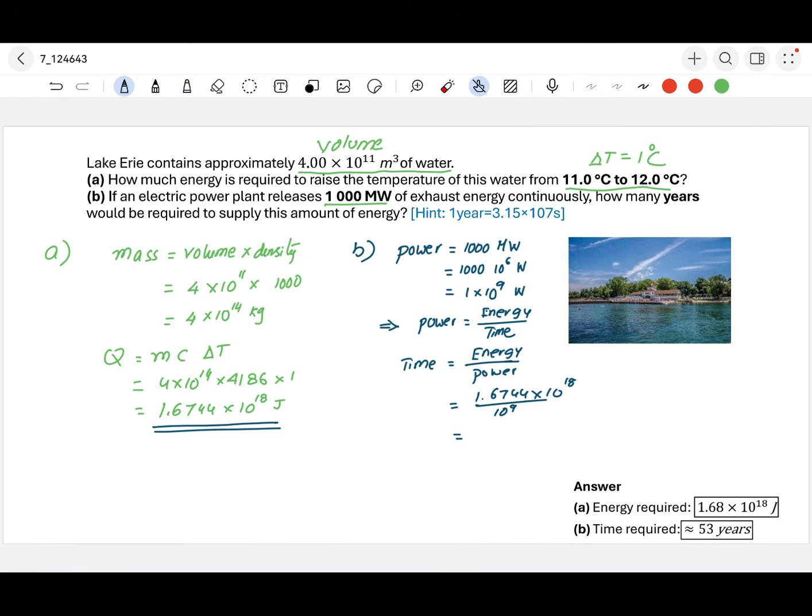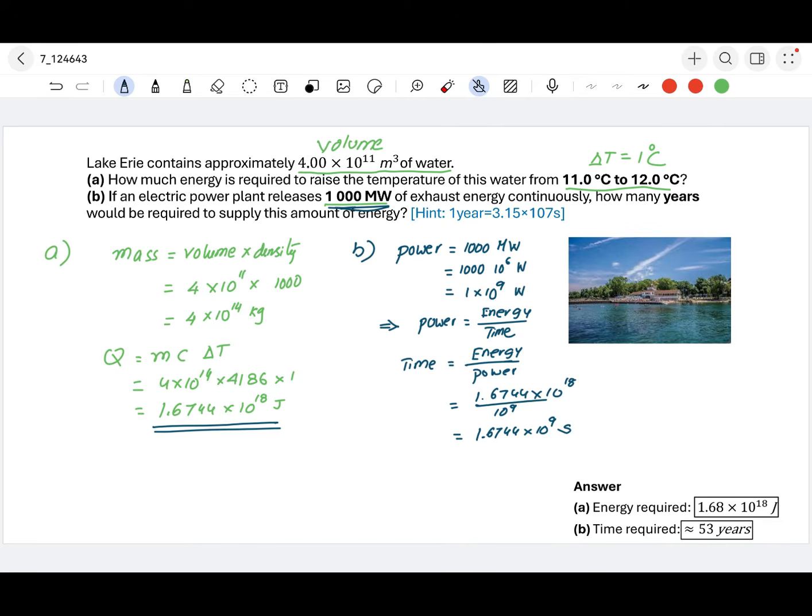Use the calculator, it's very clear. So 10 power 9 it becomes, so the answer is 1.6744 times 10 to the power of 9 seconds. So this many seconds it takes if we use the 1000 megawatt of power to raise the temperature of the water by 1 degree.